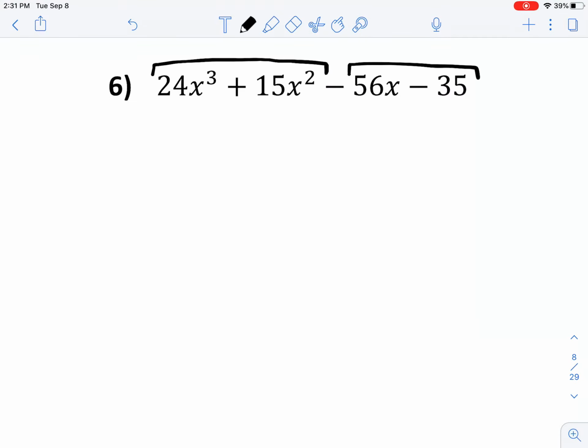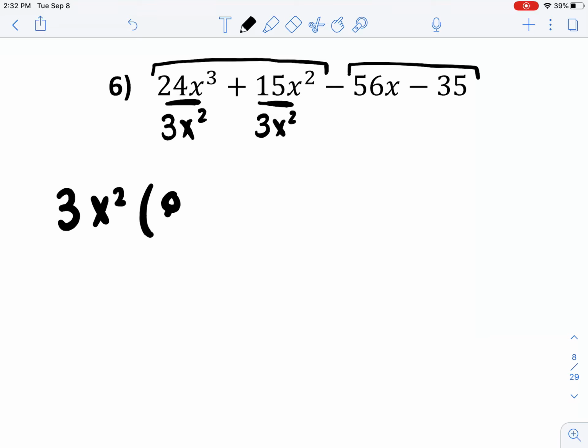So I can divide these by 3x squared because of these two terms, x squared is the lower exponent. So I'm dividing by 3x squared. I get 8x to the first, if you would like to put that, but you do not have to, plus 15 divided by 3 is 5. And my x squareds match, so those go away.